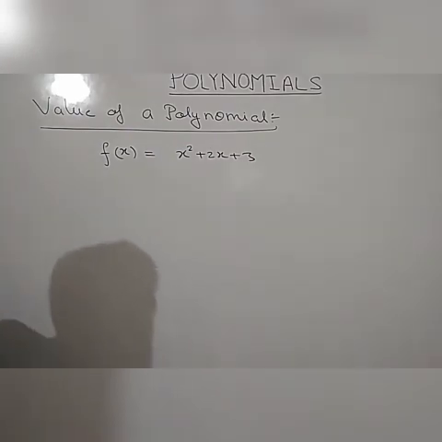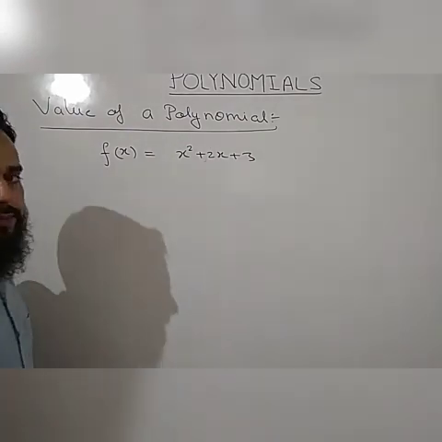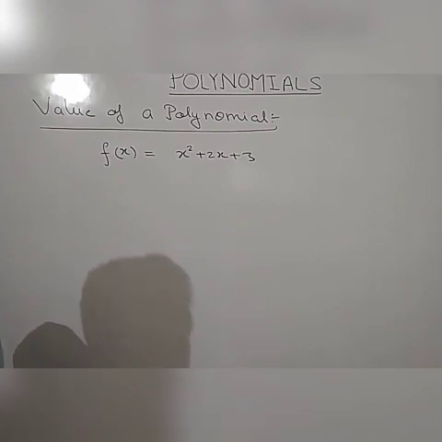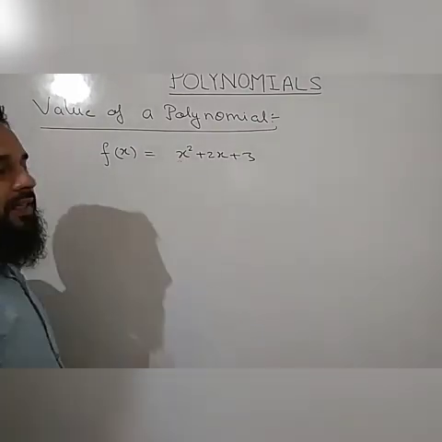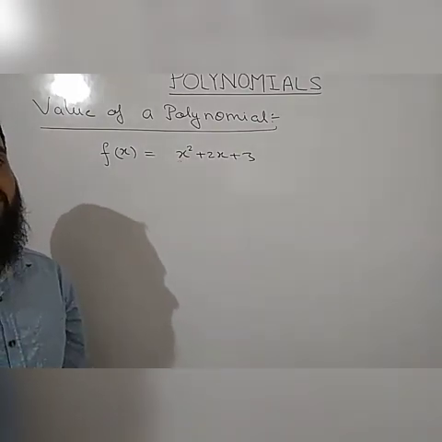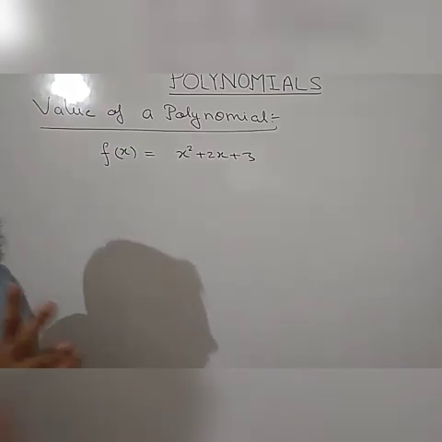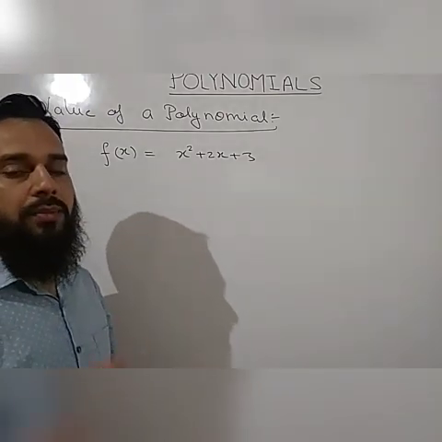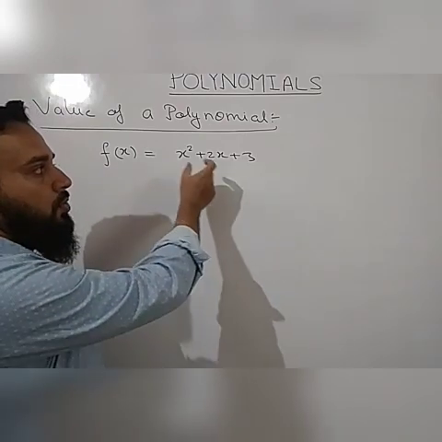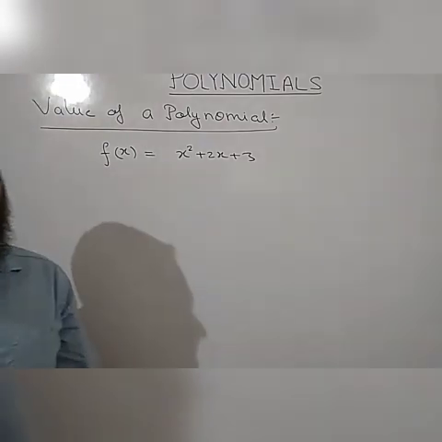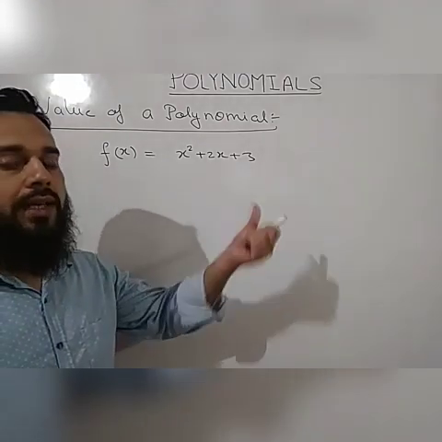Now if you have to find the value of this polynomial, then we will be given the value of x, because we have already discussed that there are two things: constants and variables. Variables are those particular terms to which we assign some numerical value.